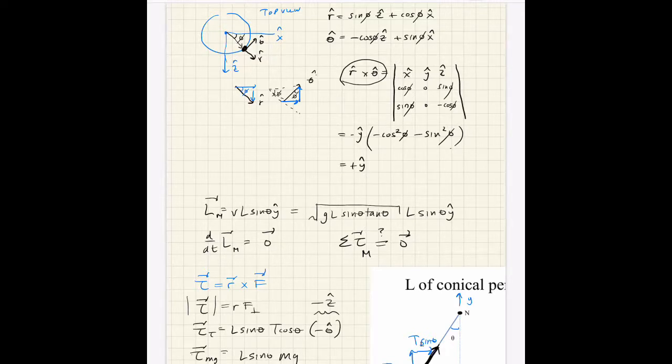That's normally associated with sticking out of the board, or the positive z hat direction. But here that's the positive theta hat direction. So you can see right away that there's going to be cancellation. Again, you can think about this as positive z hat if you need to right now. And in fact, they'll exactly cancel if mg equals T cosine theta.